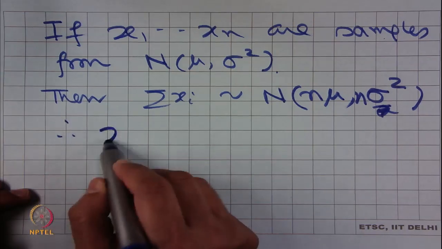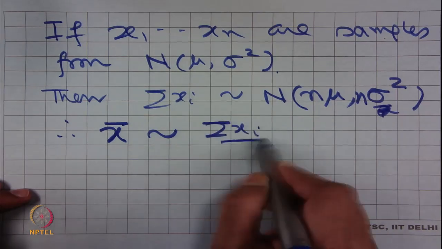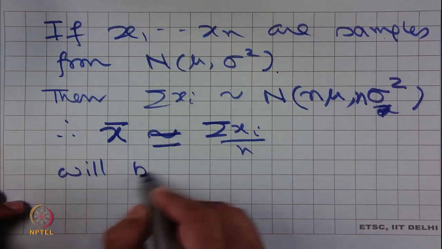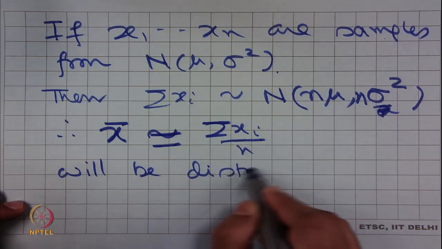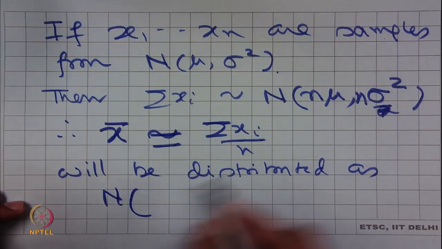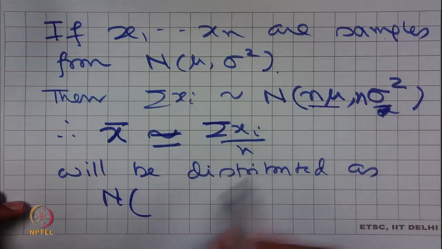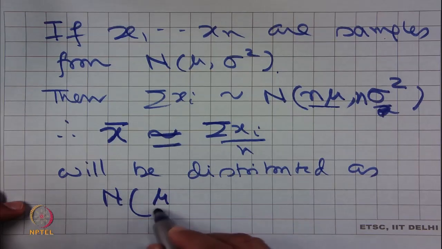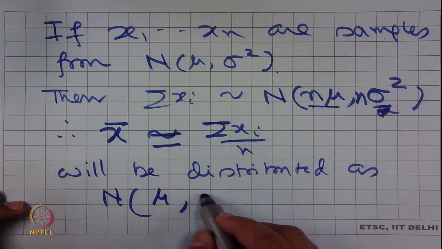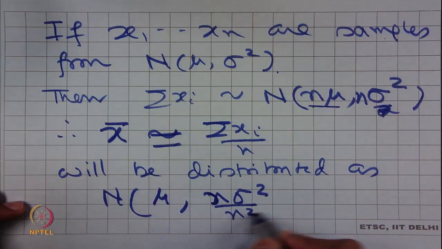Therefore, x bar, which is sum of x I by n, will be distributed as normal with, since I am dividing it by n, I can divide it by n here, that is going to be mu, and since I am dividing by n, the variance is going to be divided by n square.